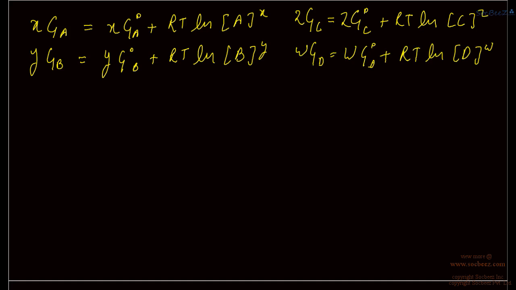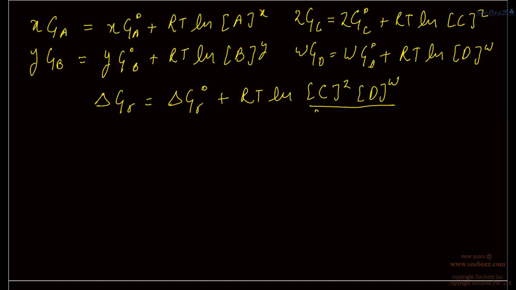Now if we rearrange these four expressions, we get the value of delta G for that particular reaction equals delta G naught plus RT ln of C to the power z, D to the power w, upon A to the power x, B to the power y.